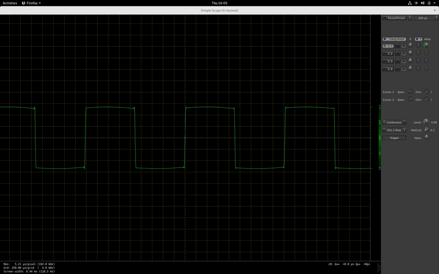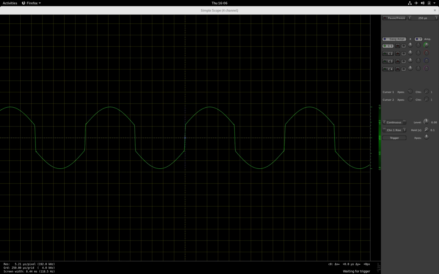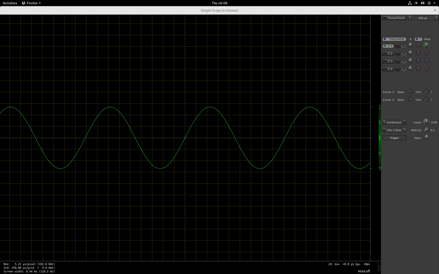If we reduce the fuzz control, we can see that the clipping will get softer. So we can see more of the original input waveform. It doesn't all get squashed to the supply anymore. We can reduce the fuzz value down to 0, and then we will have a clean signal.